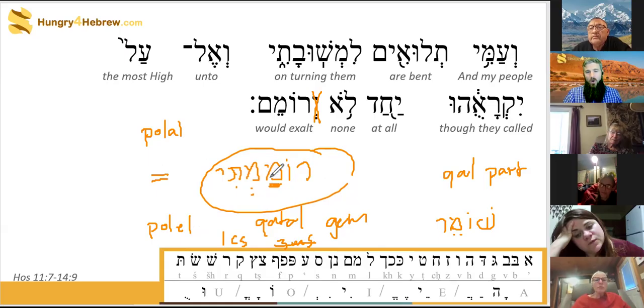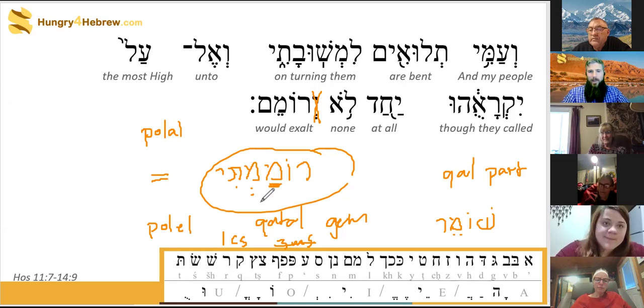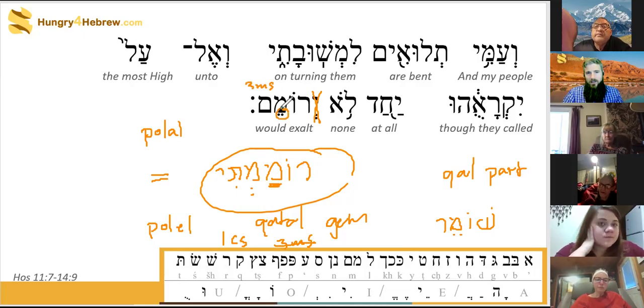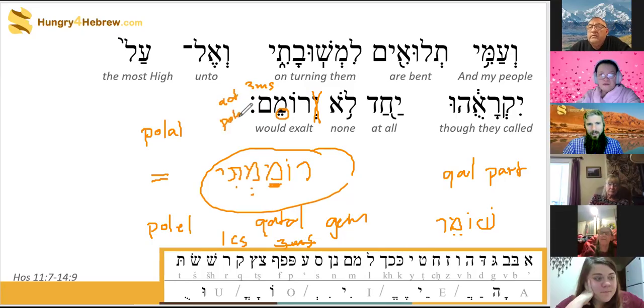In almost all of the forms, except for 3ms, I think they're all identical. So you have to use context to know whether this is passive or active. Here, it's 3ms. We get the tsere, so we can be certain that this is active voice, polel. So he is the subject doing the action of exalting.